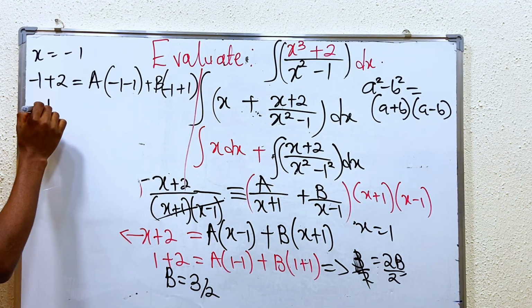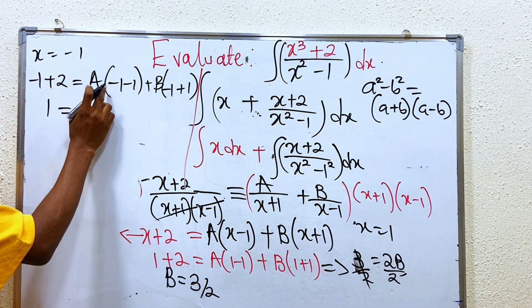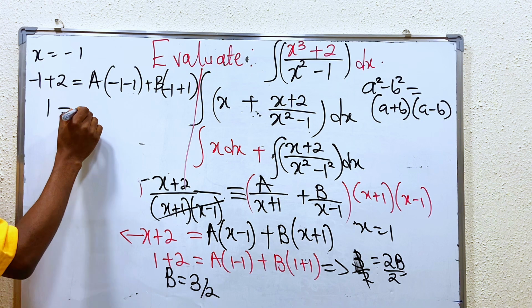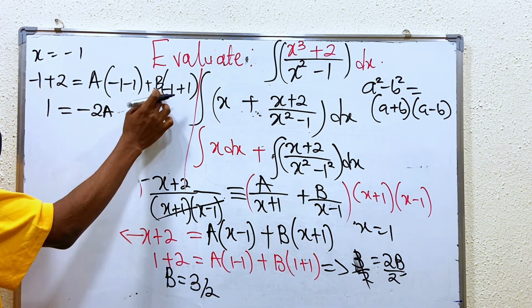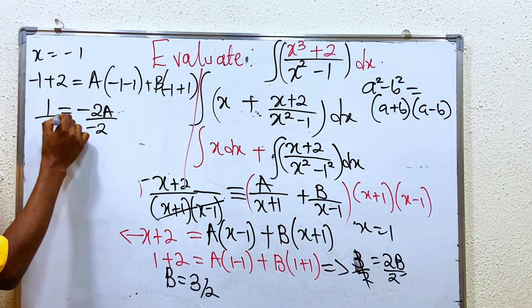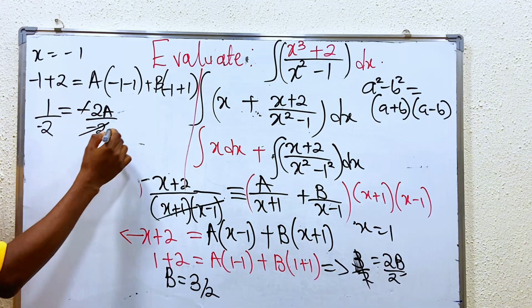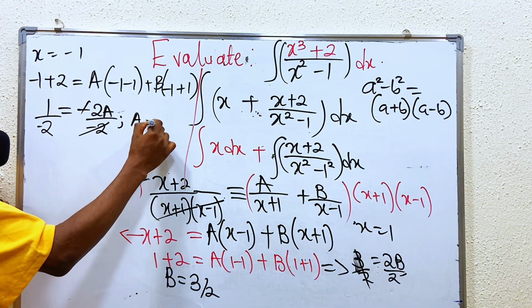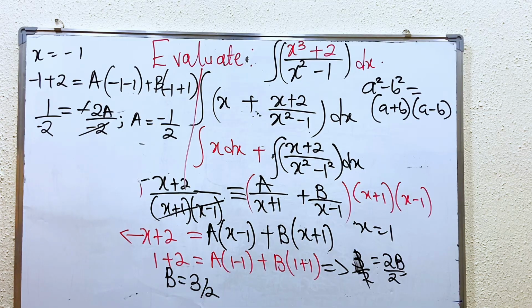We have minus 1 plus 2 is 1, then it's equal to minus 2A, and then plus this will be 0. Everything is out. We divide by minus 2 and divide by minus 2. If you divide by minus 2, you have that our A is equal to minus 1 over 2. So A is minus 1 over 2.